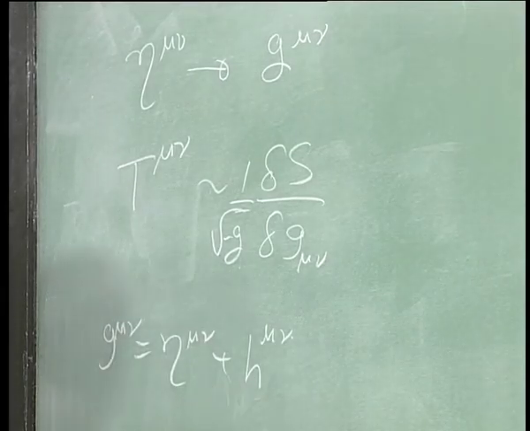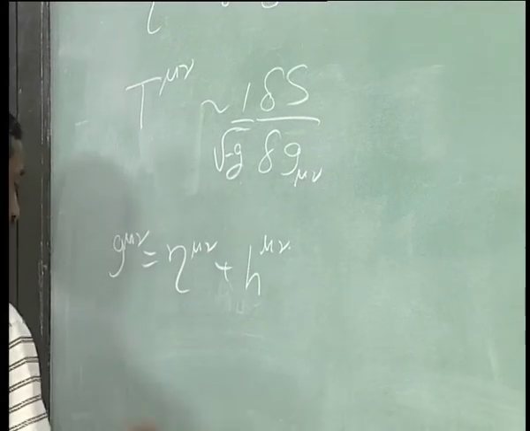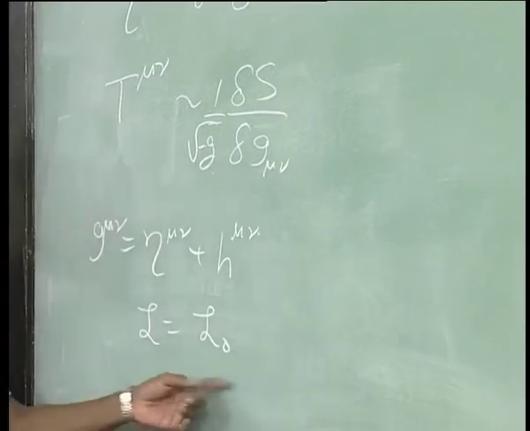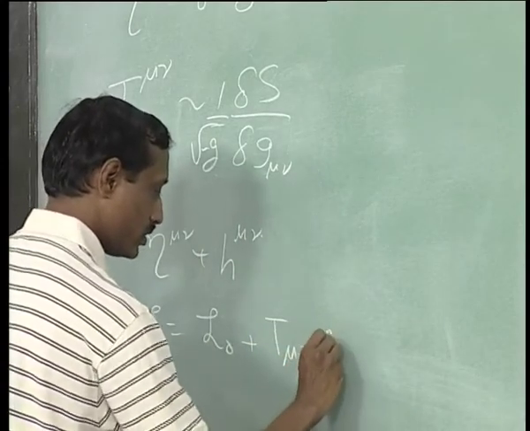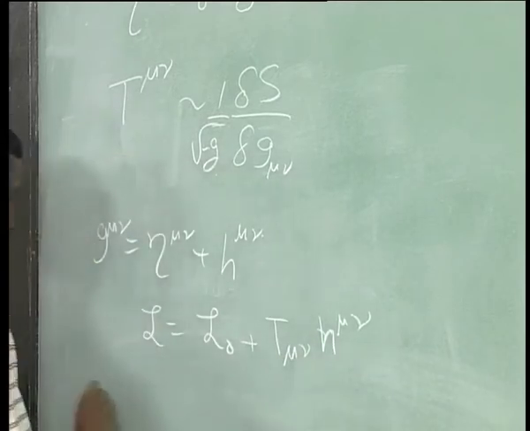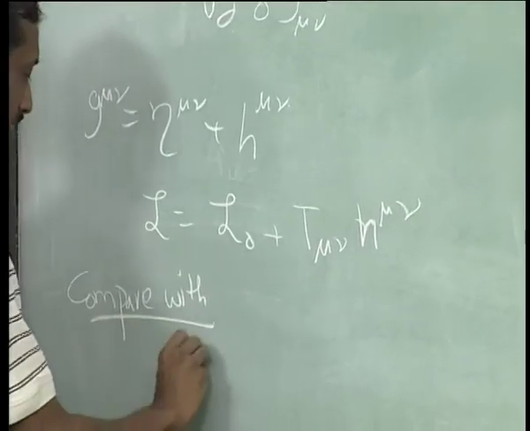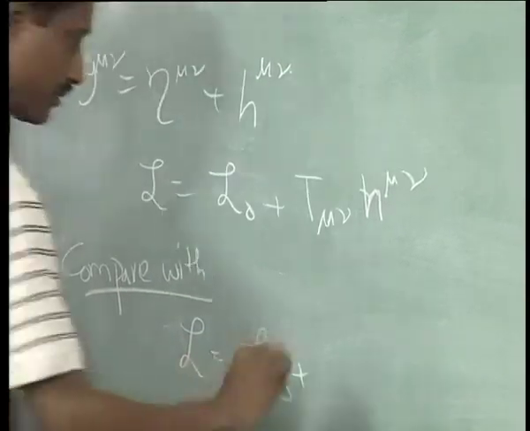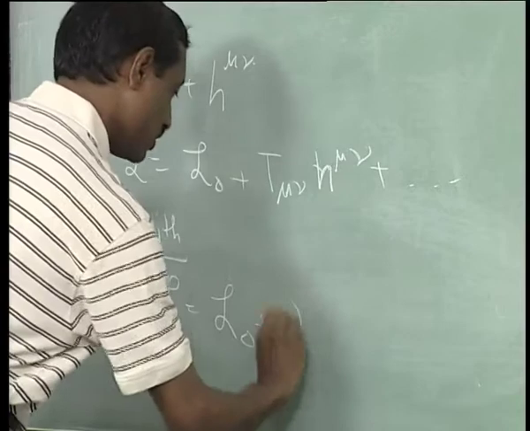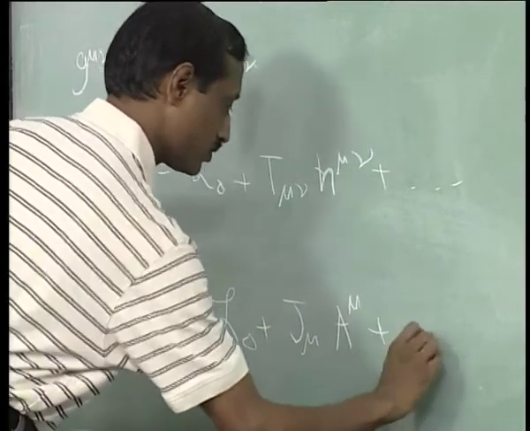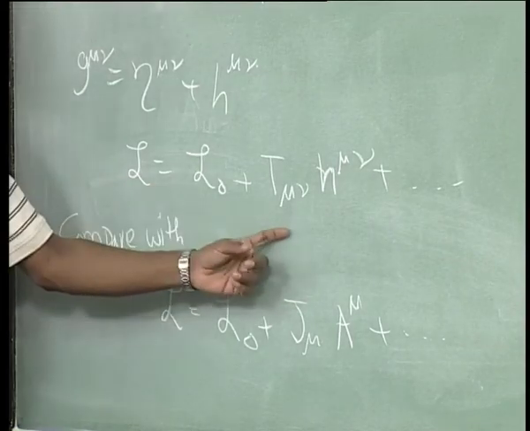So you will find the Lagrangian is L naught, where you use eta mu nu, plus, up to factors, T mu nu h mu nu. Similarly, for gauge symmetry there are infinite order terms, but only the linear piece gave you J mu A mu. So this will naturally give you something symmetric.